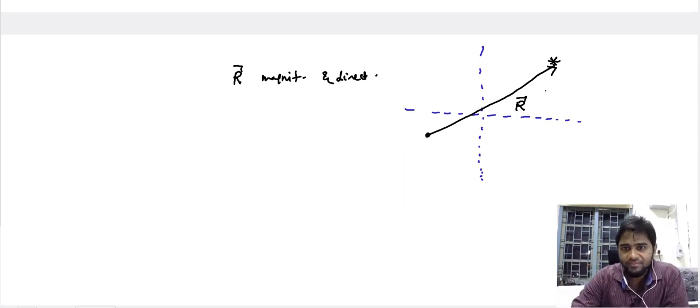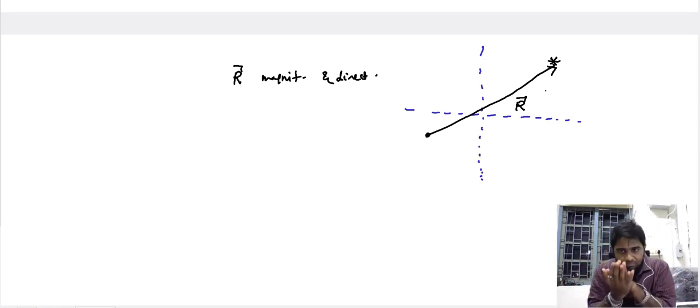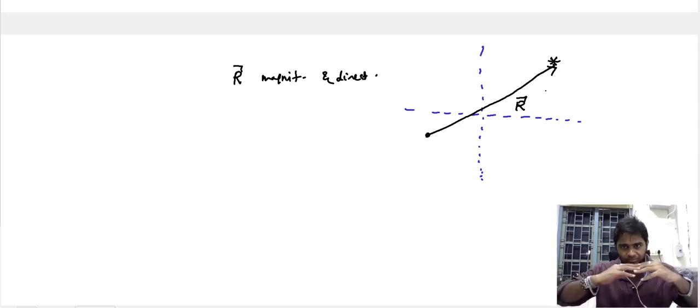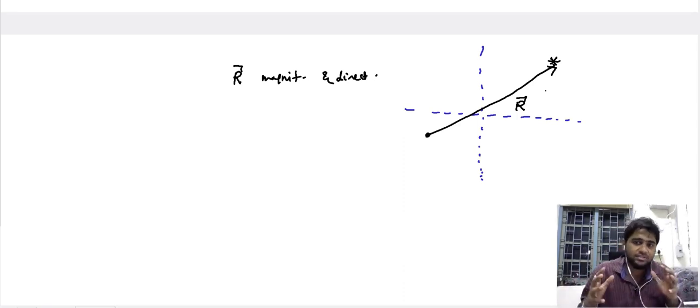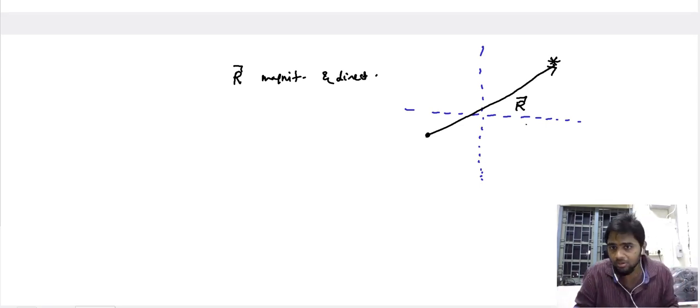Now what essentially we have is, we have considered this point in the Cartesian coordinate system. Before considering the vector r to represent this point, we considered this point in the two-dimensional coordinate system. We said that there is another way of doing it, and that would be using this position vector.